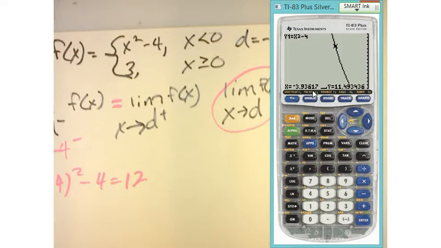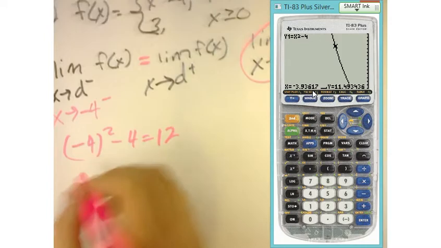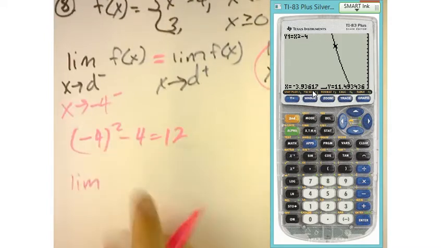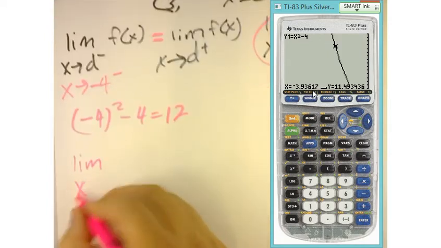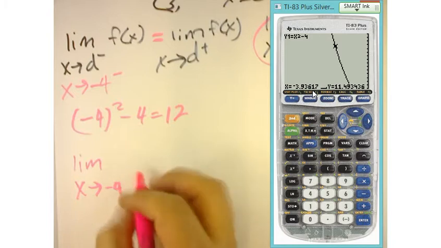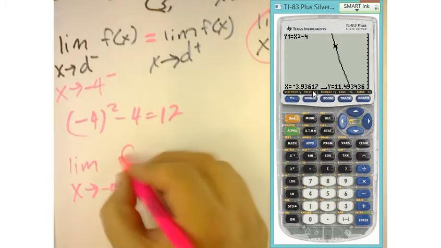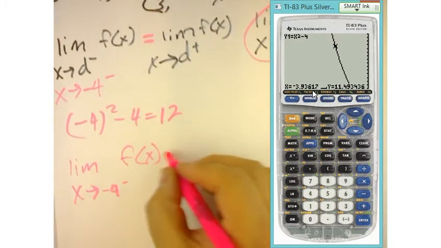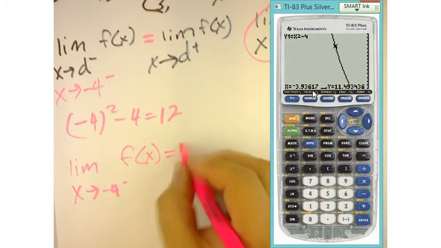Okay? So I'm going to show you one more thing with the table of values. As x approaches negative 4 from negative infinity, the one-sided limit is 12.